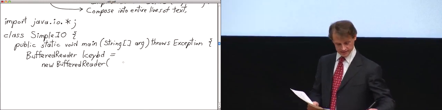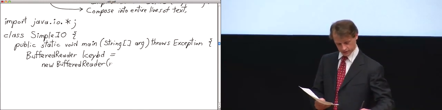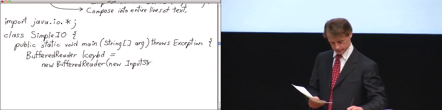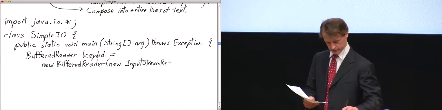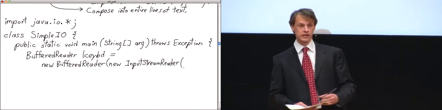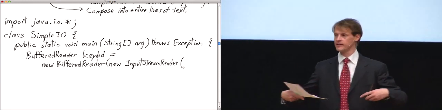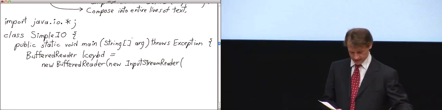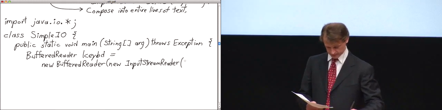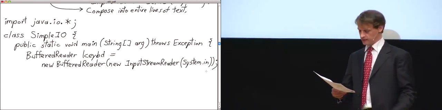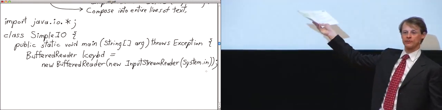So inside the parentheses, I'm going to create a new input stream reader. And in order to construct a new input stream reader, I need an input stream to pass in and say, I want a reader for this particular input stream. That input stream is going to be system.in, my keyboard input.